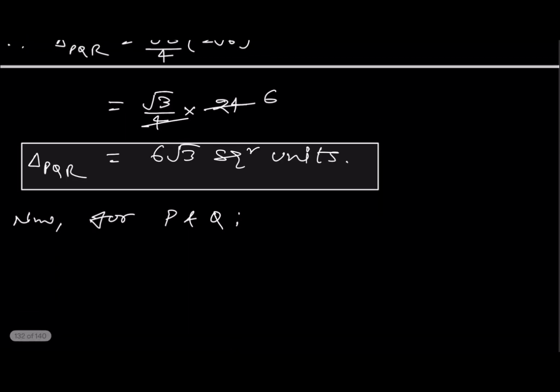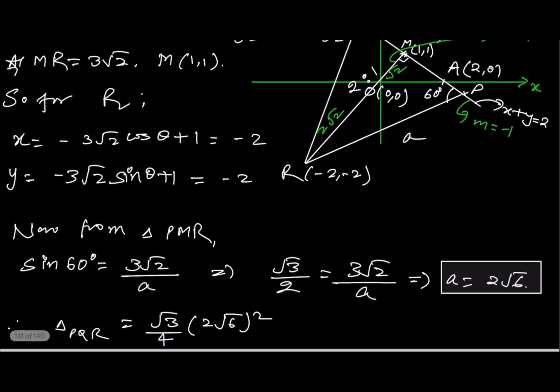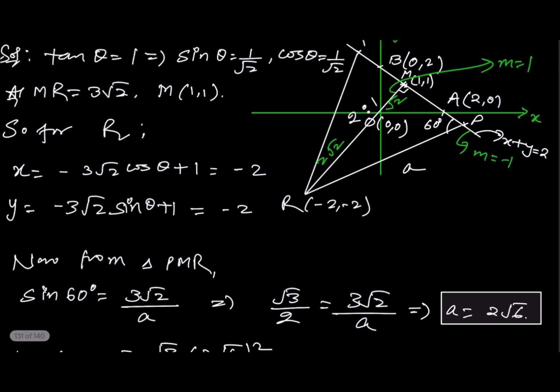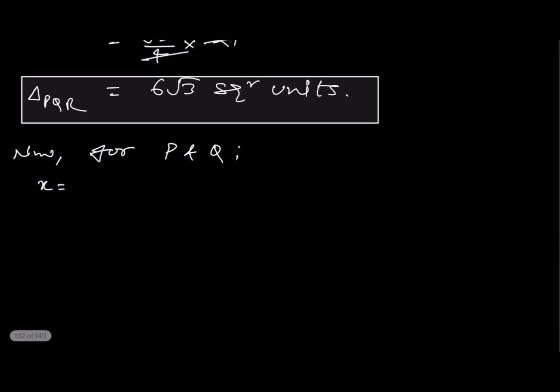So x is equal to, I will take plus and minus both for P and Q. Minus for P and plus for Q, because with respect to M, P is in downward direction and Q is in upward direction.